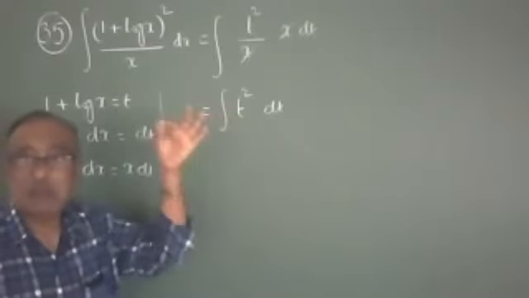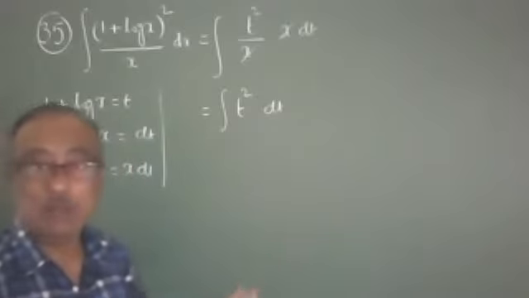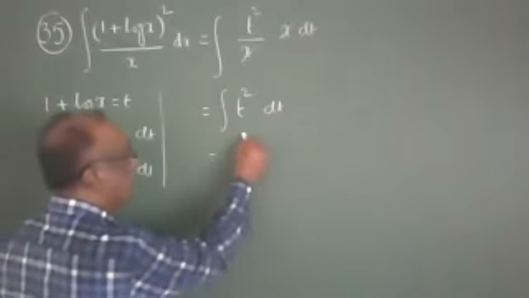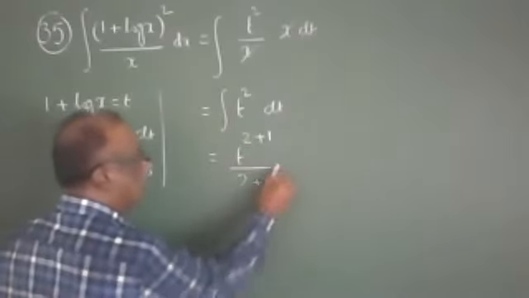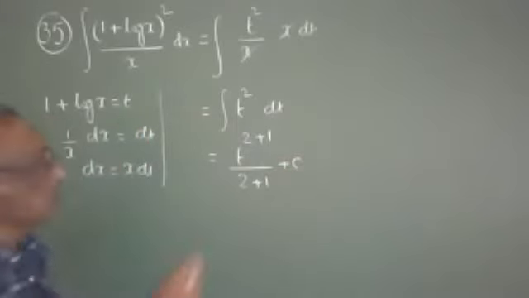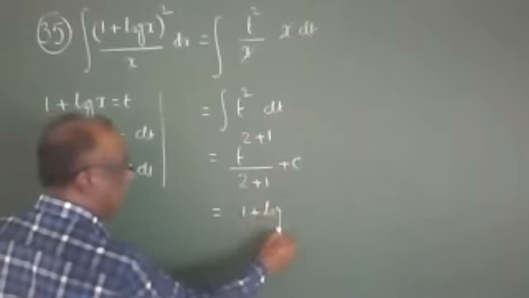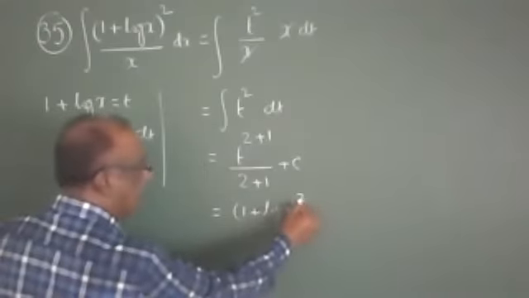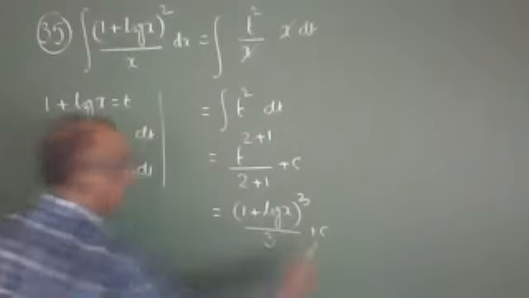Therefore, we apply the x power of n formula: the power is increased by 1 in integration, 2 plus 1, so t cube by 3 plus c. For t, write the value 1 plus log x. After integration, the original function is (1 plus log x) whole cube by 3 plus c. That is the 35 problem.